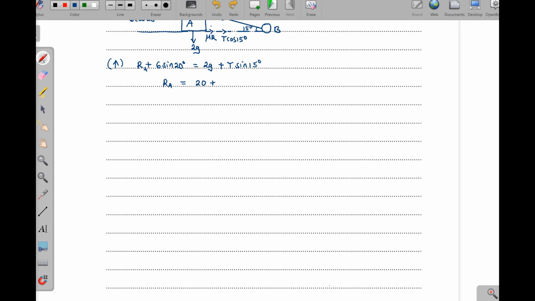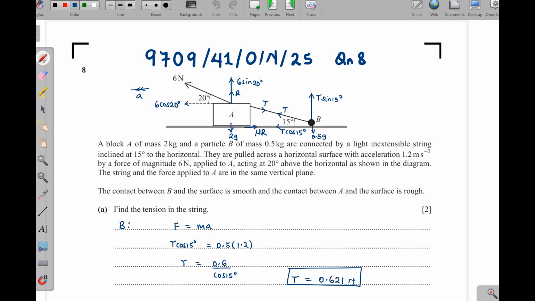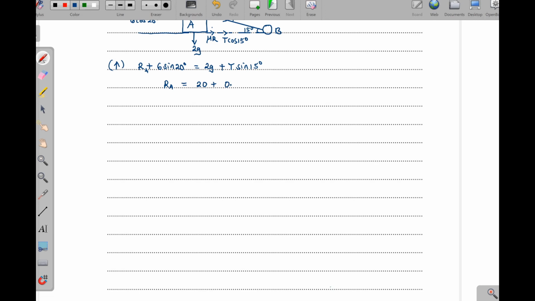So our T is, if we can check back, T is this one here, okay? 0.6 out of cos of 15. So this is 0.6, then out of the cosine of 15 degrees, okay, that is the T, then times the sine of 15 degrees, then take this one this side, it will be a minus 6 sine of 20, okay.